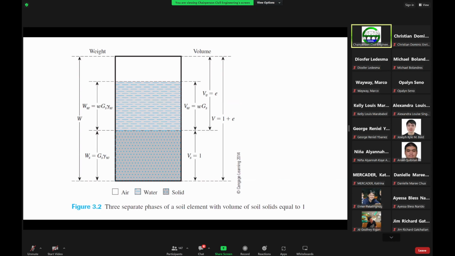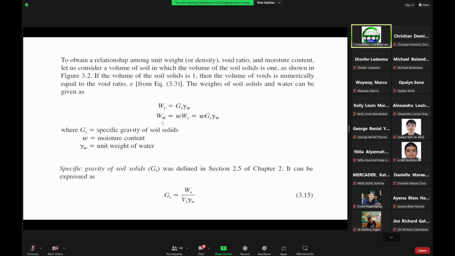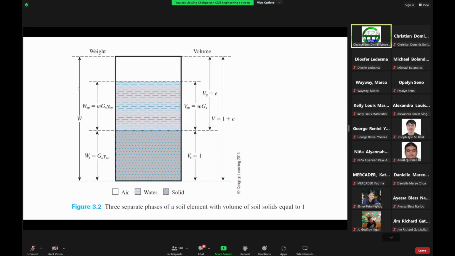So here we are going back to the phase diagram. It's just the same, wherein here you have again the total weight. But this time, let's presume that the volume of the soil solids is equal to 1.